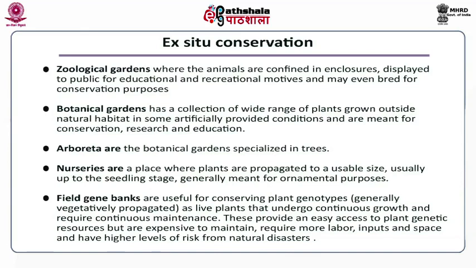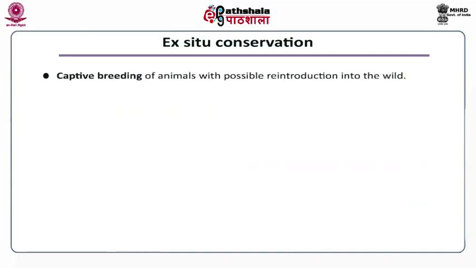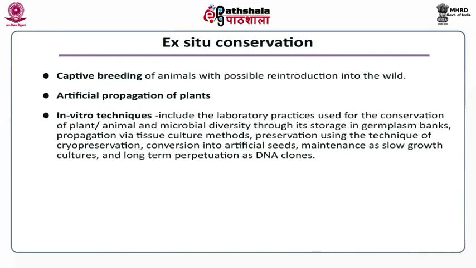These provide easy access to plant genetic resources, but are expensive to maintain, require more labor, inputs and space and have higher levels of risk from natural disasters. Then captive breeding of animals with possible reintroduction into the wild. Then we have artificial propagation of plants, then in vitro techniques.